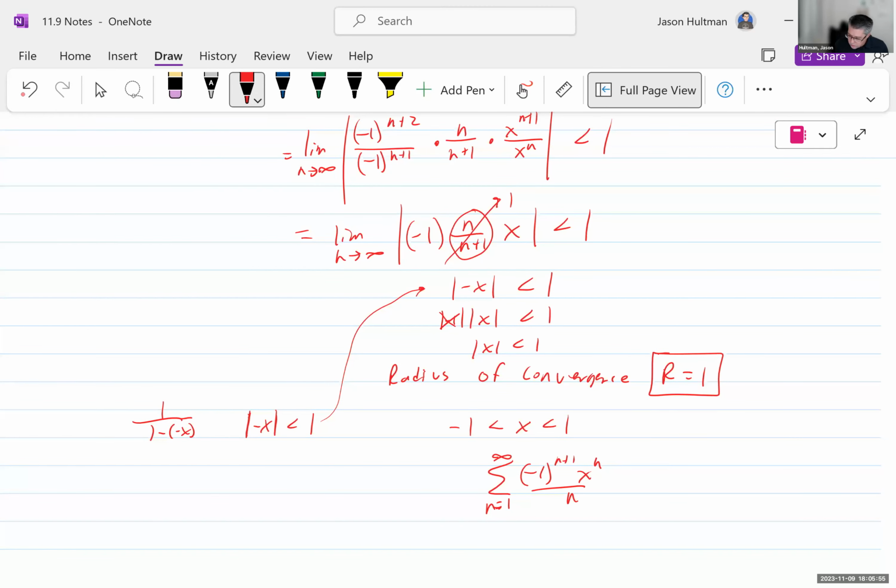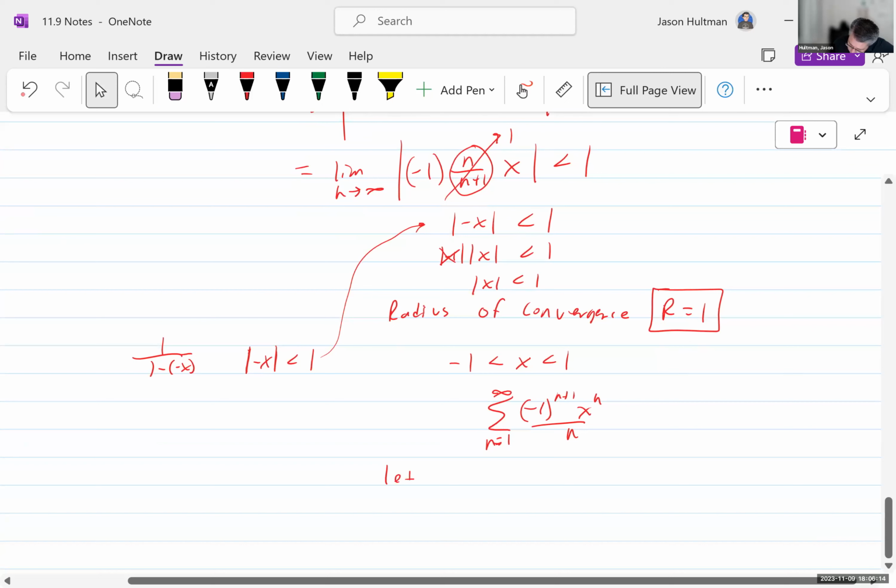It really doesn't matter, okay? But what happens if I plug in -1 for x? That's a little sloppy. Let's write it below. Okay, let x equal -1.